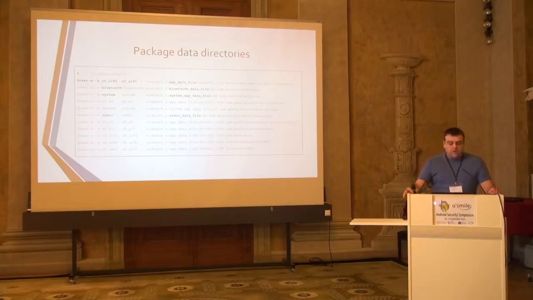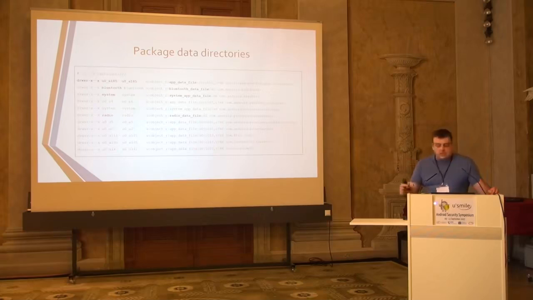For user-installed applications, you can see that it's all app_data_file, but for system, radio, and Bluetooth, it's an SE Linux type which maps to the user those services are executing as, like system, radio, etc. We'll go into a bit more detail in the SE Linux part.